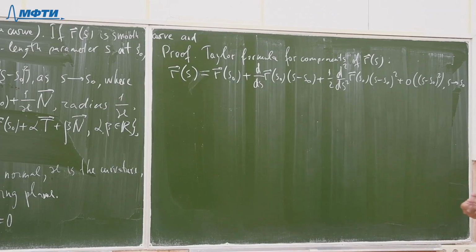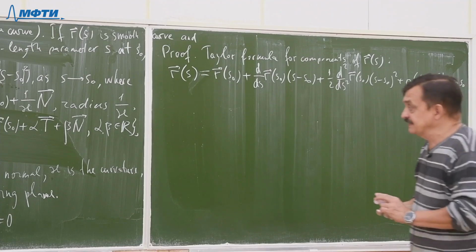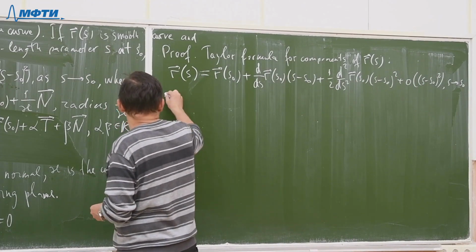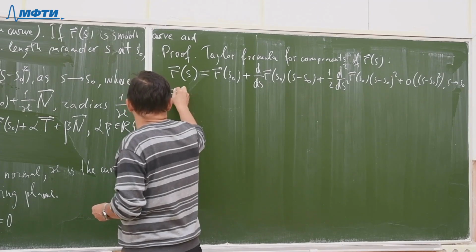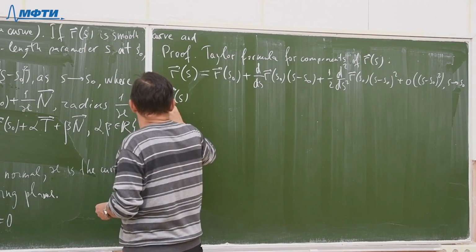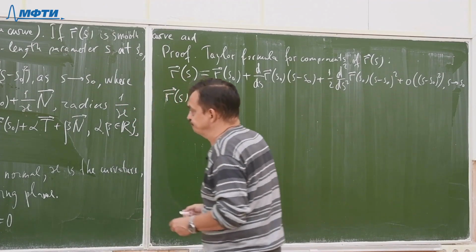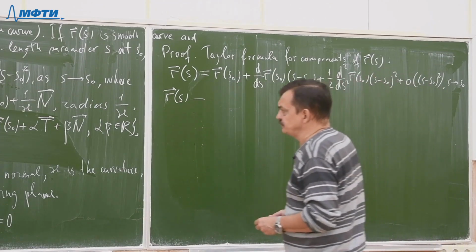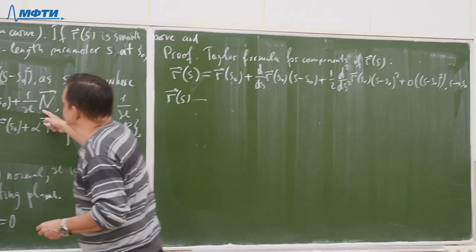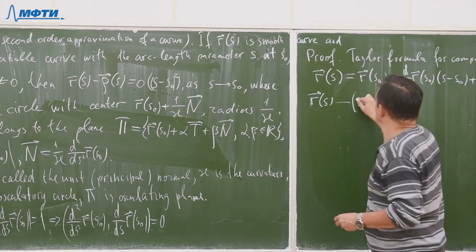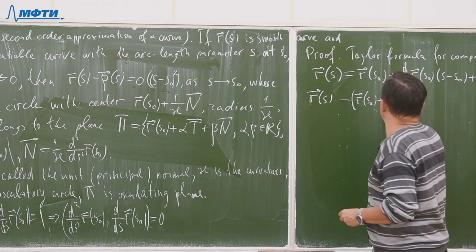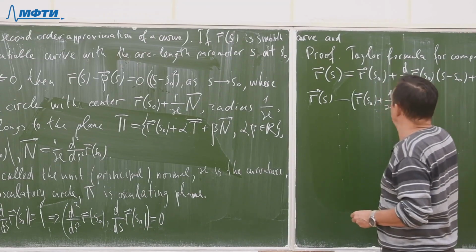Now, let us compute what is R of S minus the center, R at S naught plus 1 over kappa n.